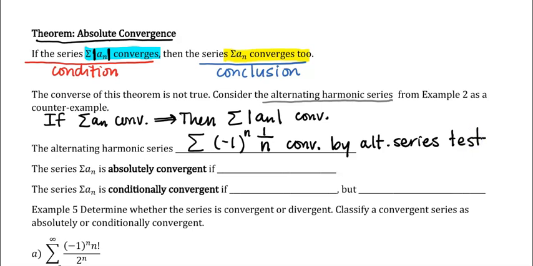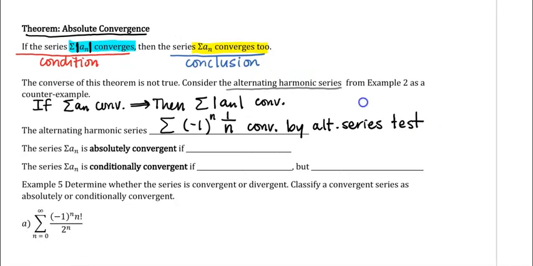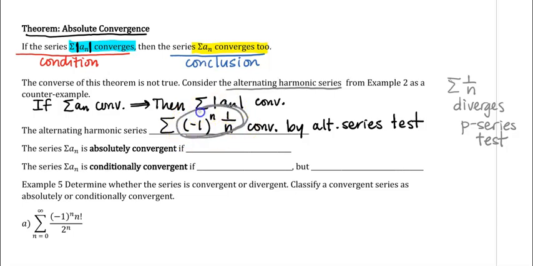But remember that the harmonic series, just the original harmonic series, diverges by the p-series test. Once you apply absolute value bars to this, you get the original harmonic series, which does not converge.